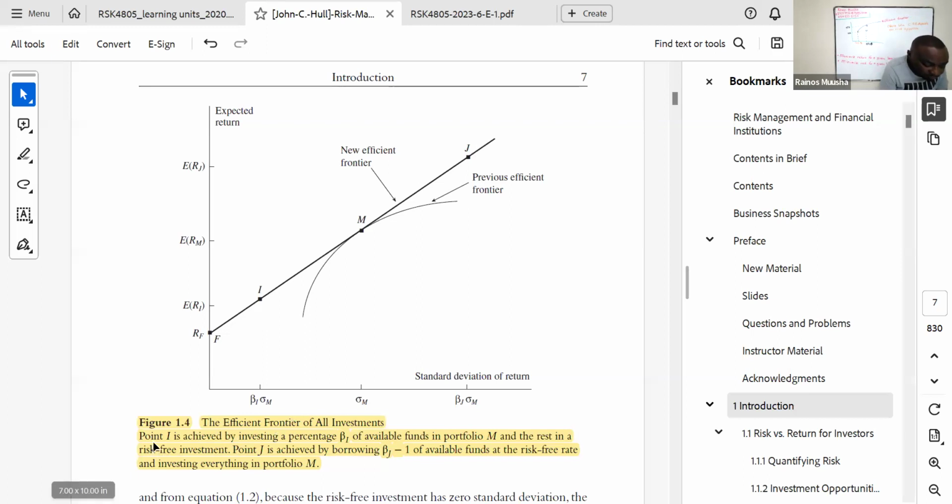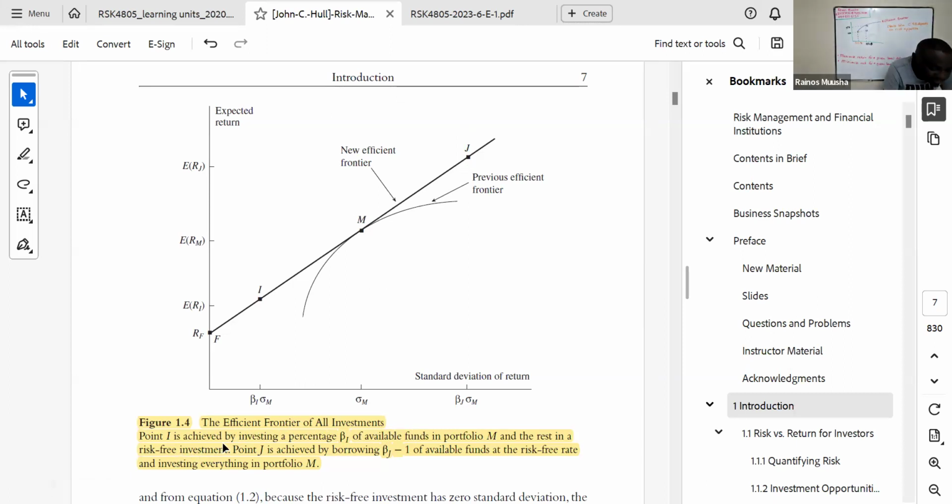So here they say point I, so this is point I on your efficient frontier, this is point M on your efficient frontier, and this is point J on your efficient frontier as well. And here they say point I is achieved by investing a certain percentage of available funds in portfolio M, which is the tangent portfolio, and the rest in a risk-free investment.